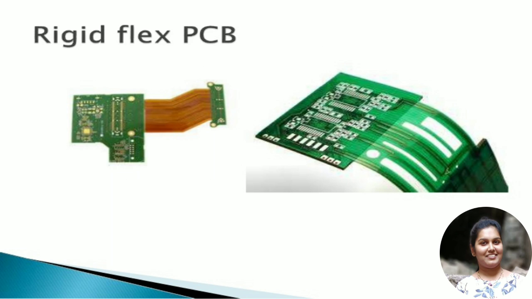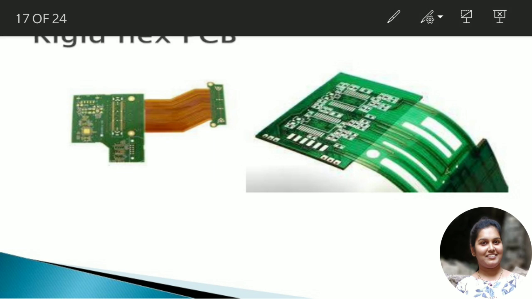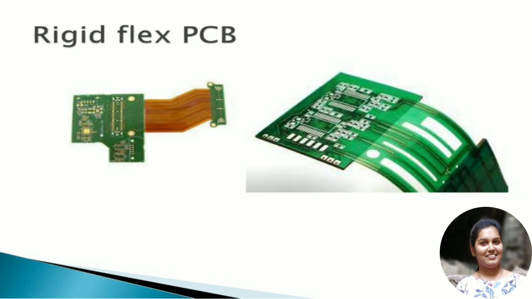Okay. Next is rigid flex PCBs. The basic concept is that if you want to incorporate a PCB into an already built device, then we can go for rigid flex PCBs.